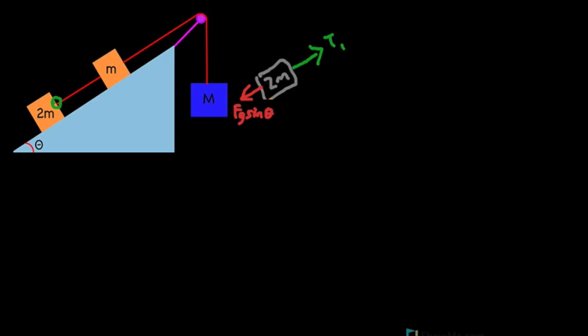Now, of course, you will have a force acting this way, which is Fg cosine theta, that's the perpendicular component, but by default, that's balanced out by the normal force acting upward. And so those are always going to cancel out and aren't the forces we're going to be looking at in this scenario.